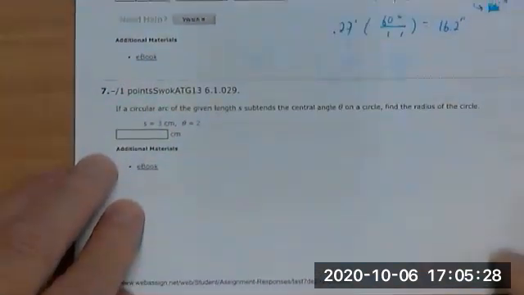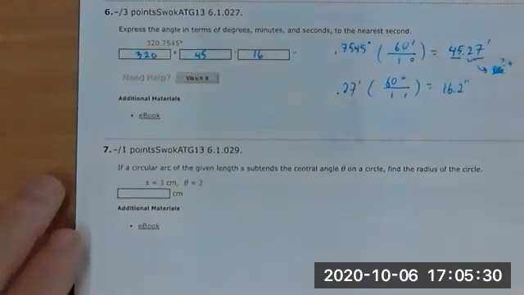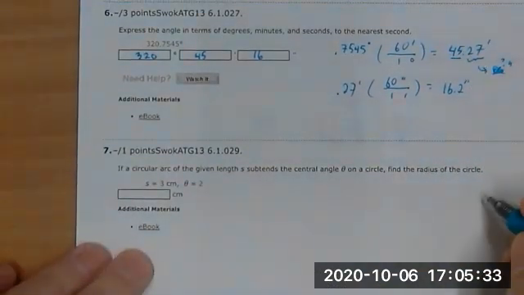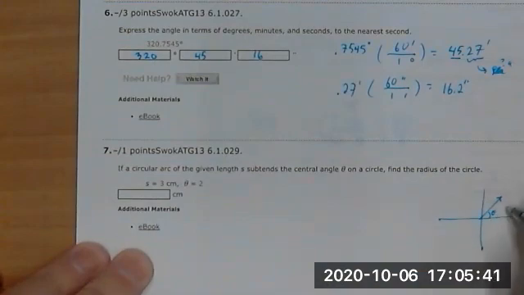Now we talk about arc length and looking at, once again, if you have an angle here, theta, the radius is how far from the origin to the end of this line.